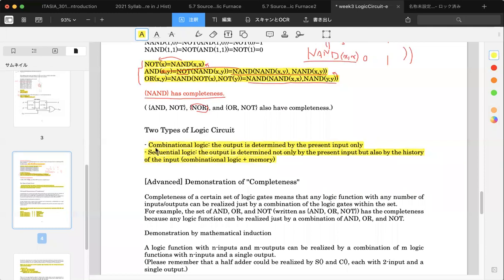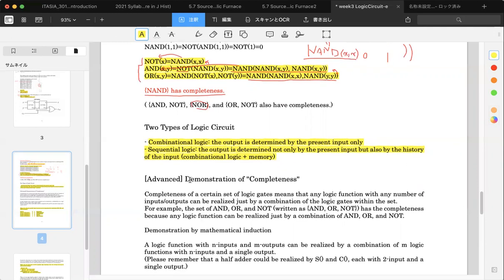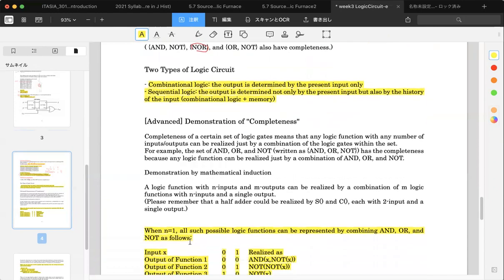So this combinational logic is when the output is determined by the present input only, and sequential logic is when the output is determined not only by the present input, but also by the history of the input. Maybe that's why they use C and S. Yeah, maybe.